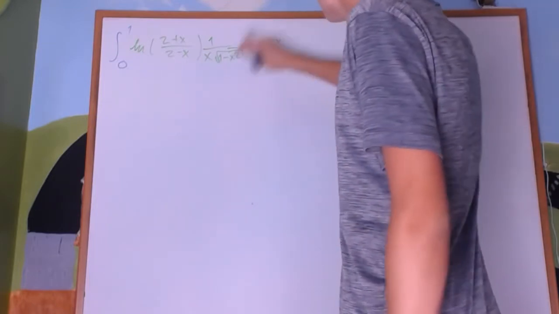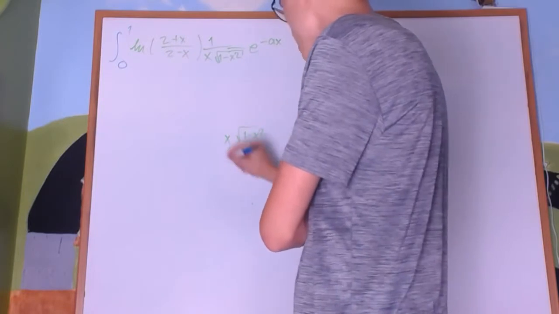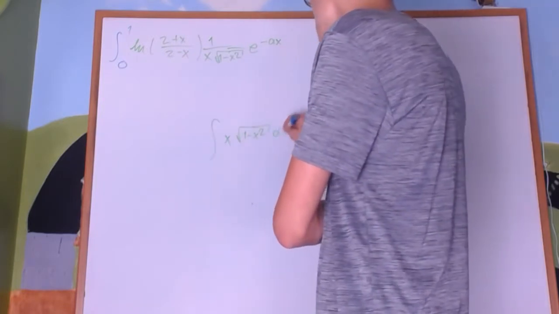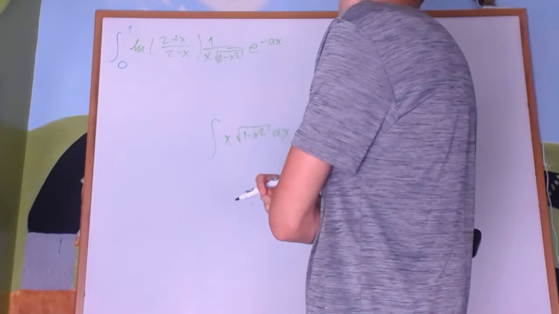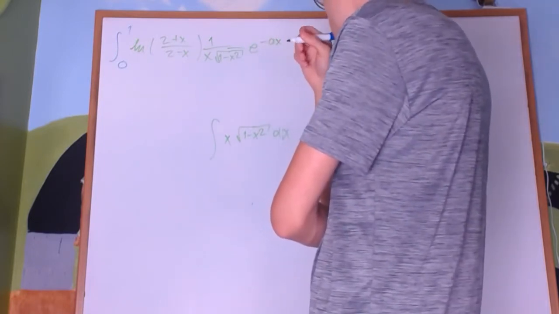I should try... Okay. So x square root of 1 minus x squared, I could try integrating, so that when I take the derivative, I can get rid of it, and it'd be an easier integral.